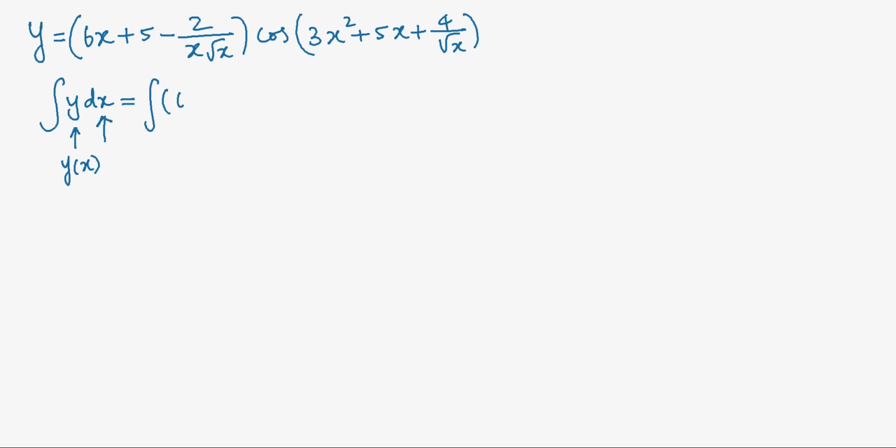We need to substitute the y here. That will be 6x plus 5 minus 2 by x root x, times cosine of 3x squared plus 5x plus 4 by root x. This whole thing has to be integrated with respect to x.